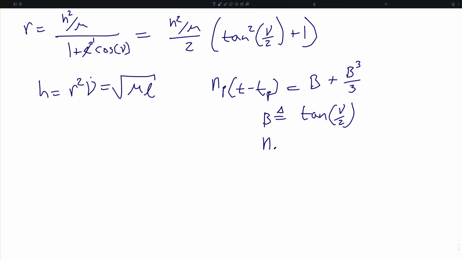And n sub p, the mean motion, is equal to twice the square root of the gravitational parameter divided by the semi-parameter cubed. Note that for a parabola, the radius of the periapsis passage is just half the semi-parameter.